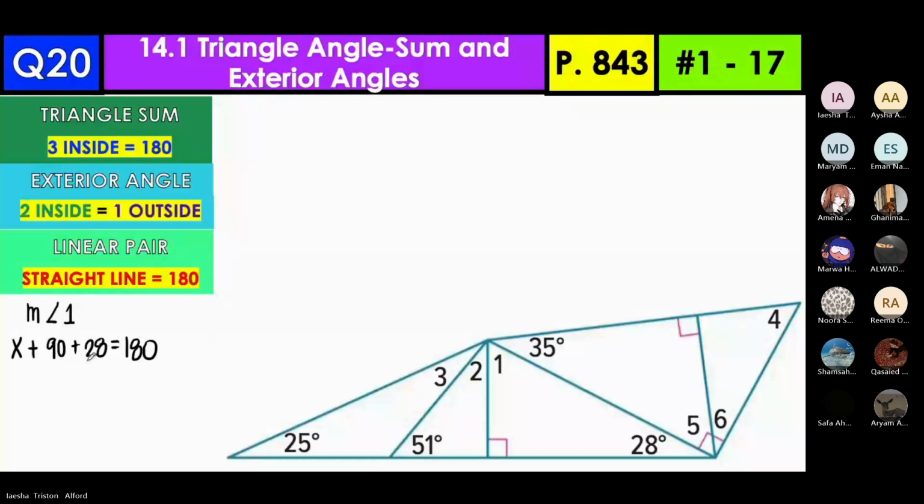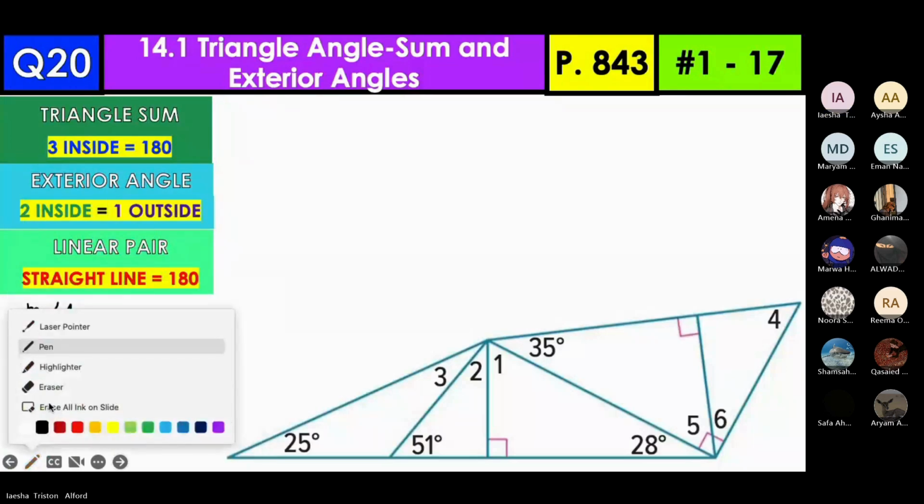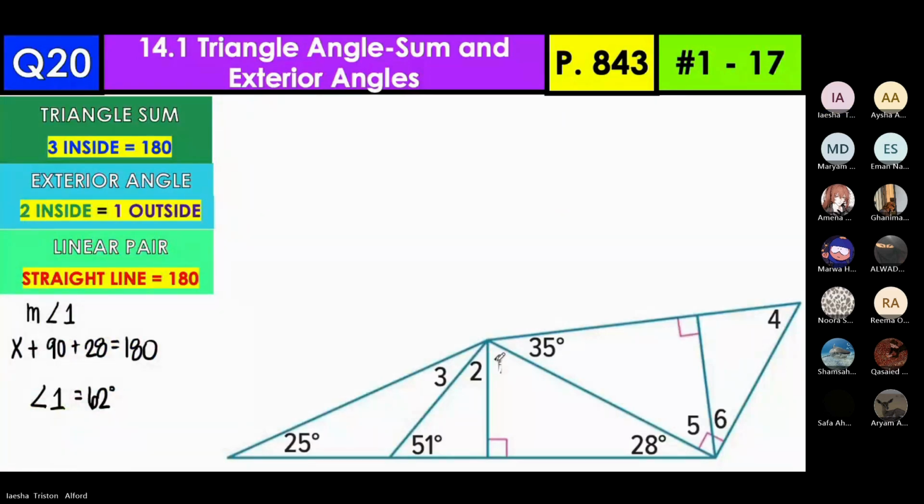Correct. When you get to that answer, solve it. Angle 1 is going to be equal to 62 degrees. So erase that. Put here 62 degrees. Fine?